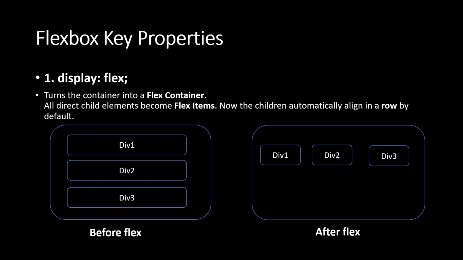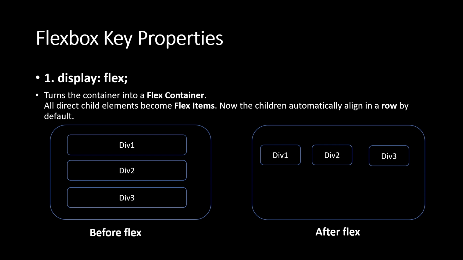Let's say on the left side there are three divs, div1, div2, div3. When we code in HTML, the tags take the complete width, right? Like if div1 has some content, and div2 some content, and div3 has some content, all these three divs take the complete width, right?